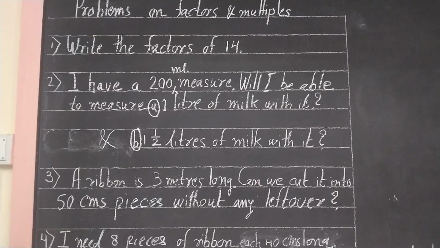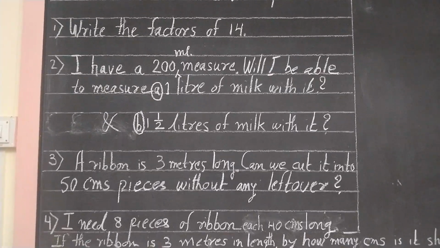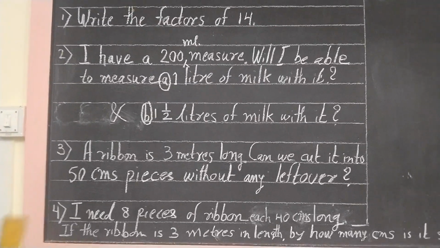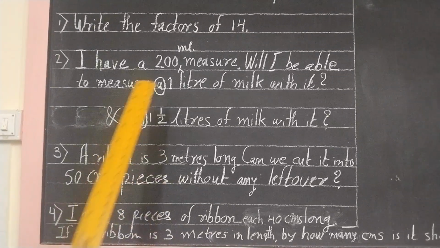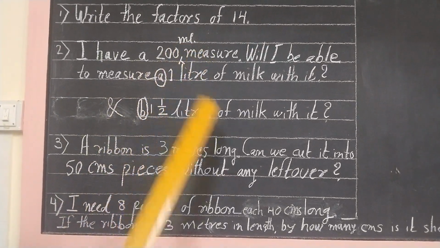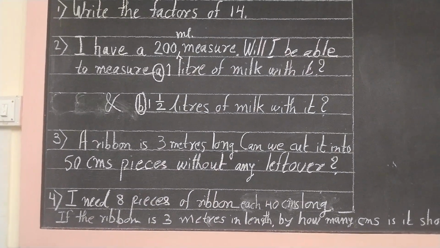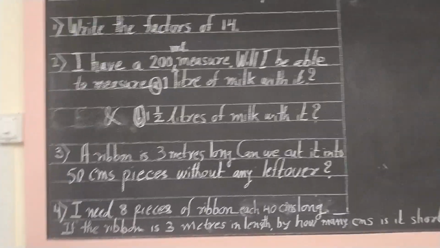And Nani, I have already told you that in a word problem, you have to imagine the entire thing happening in front of you. Now first of all, let me tell you the meaning of a 200 ml measure. A 200 ml measure means it is a kind of measuring cylinder which we have in our kitchen.